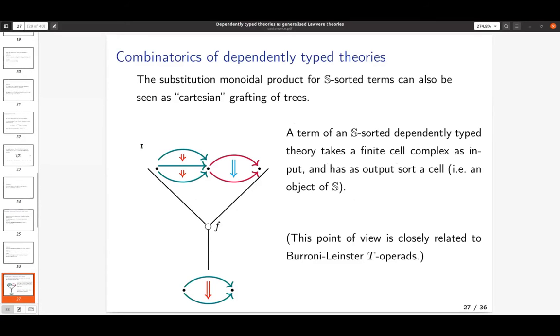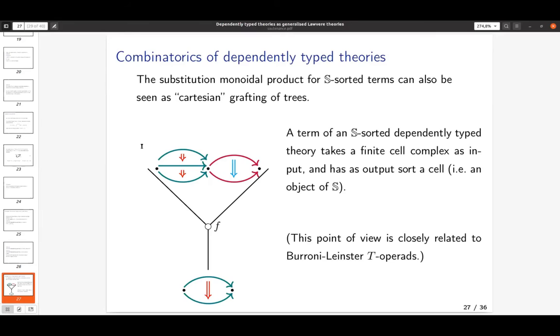Okay, and these definitions also have an underlying combinatorial picture, which is also Cartesian grafting of trees, except that here trees or even operations or corollas are no longer things that take as an input a finite set of points and have a point as output, but they take a finite cell complex as input and have cells as output.